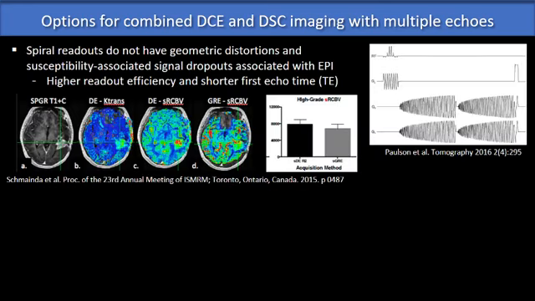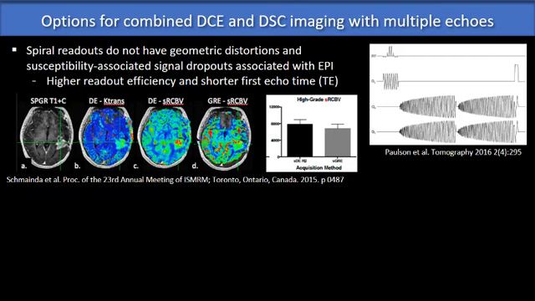One of the last things that I'll mention is spiral readouts. We've only been talking really about Cartesian, both EPI and single line, but plenty of people do non-Cartesian, and they might have some benefits for combining DSC and DCE MRI. Spiral readouts don't have the same geometric distortions and susceptibility-induced dropouts that we have with EPI.